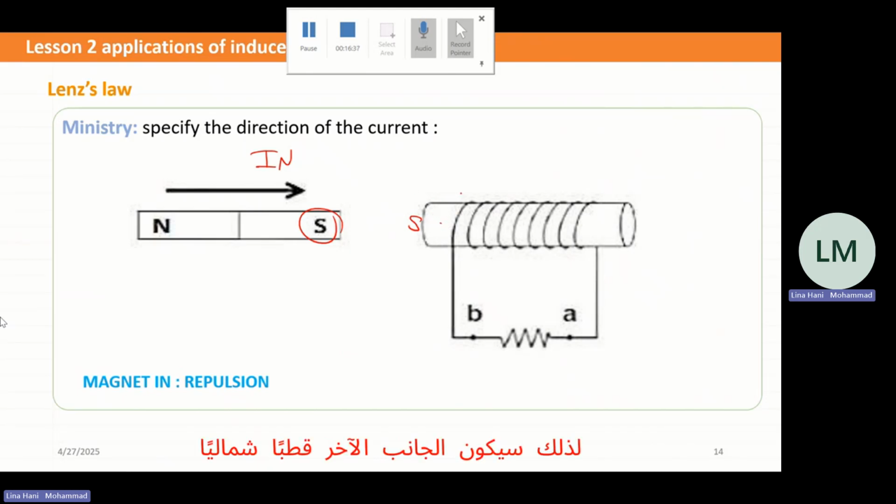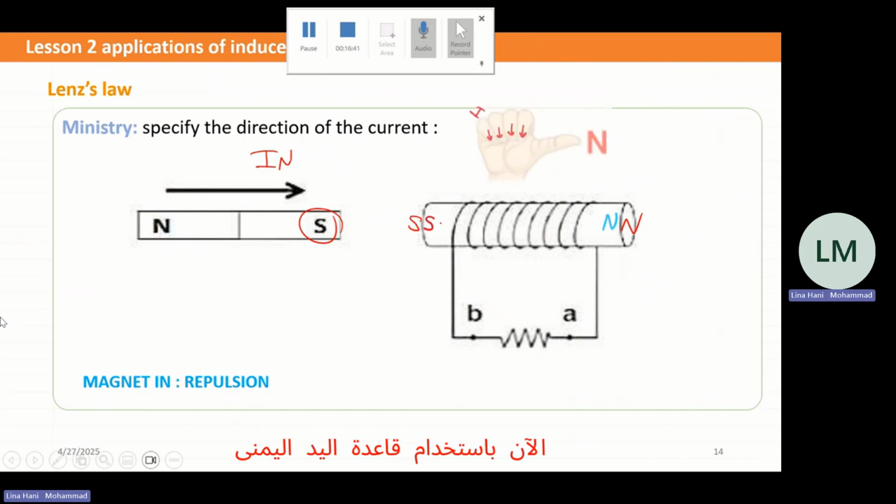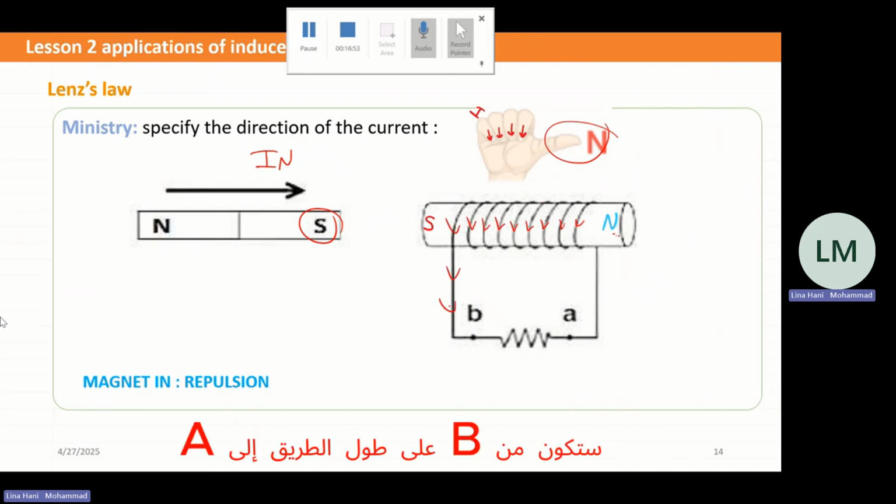So the other side would be a north pole. Now using the right hand rule, if you put your thumb in the same direction as the north pole, the four fingers will curl downwards. So that's the direction of the current. Going to be from B all the way to A.